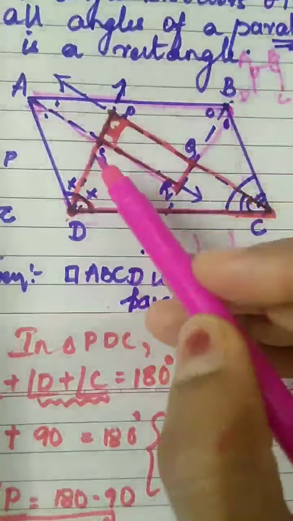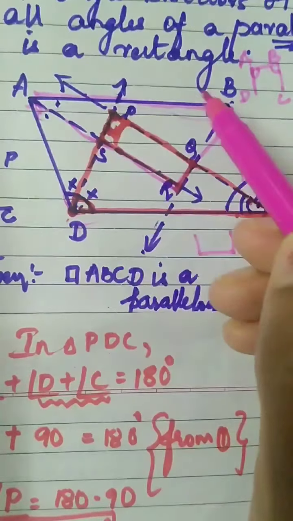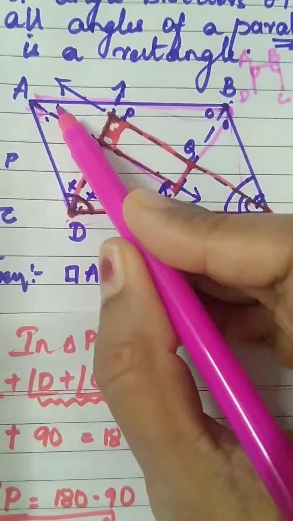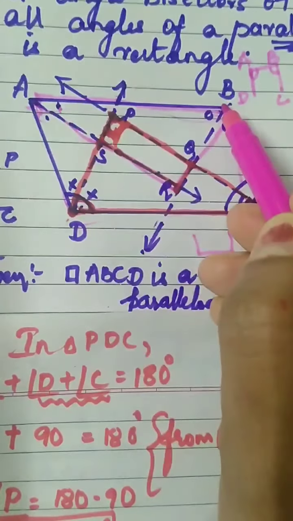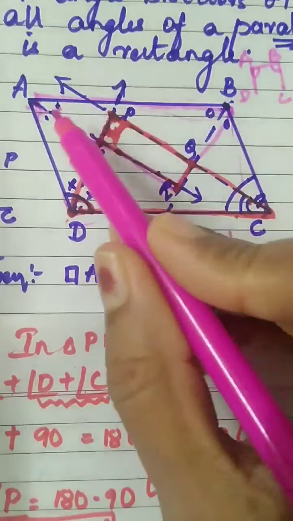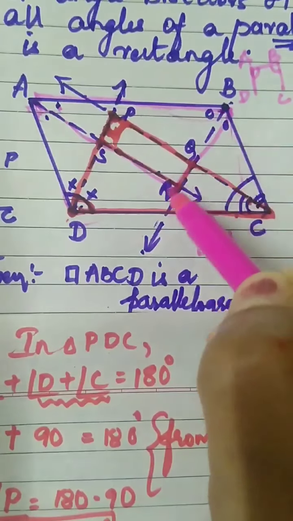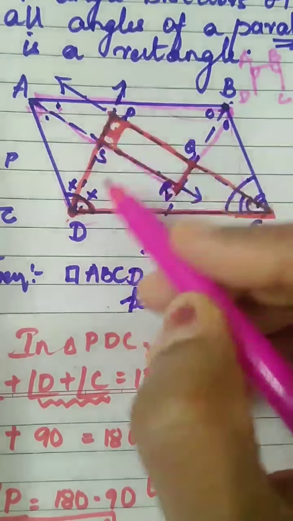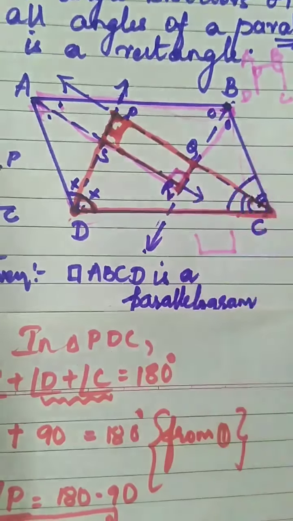Again, you will divide by half throughout. So half of DAB you will consider, this angle, that is RAB. Then half of ABC you will consider, this angle, ABR. So similarly, we can prove that this becomes 90 degrees.